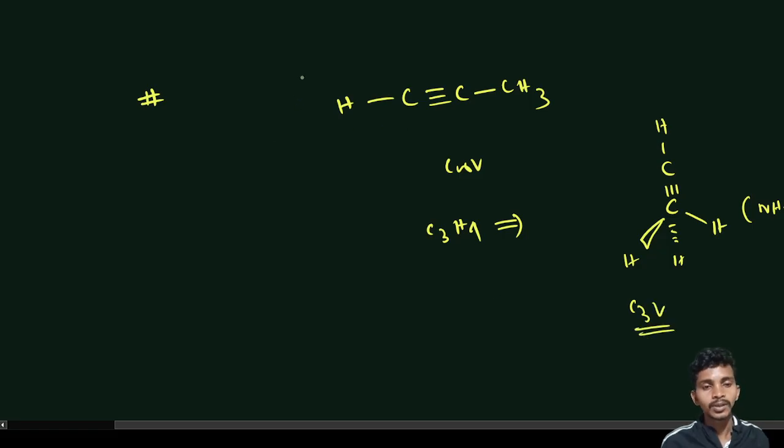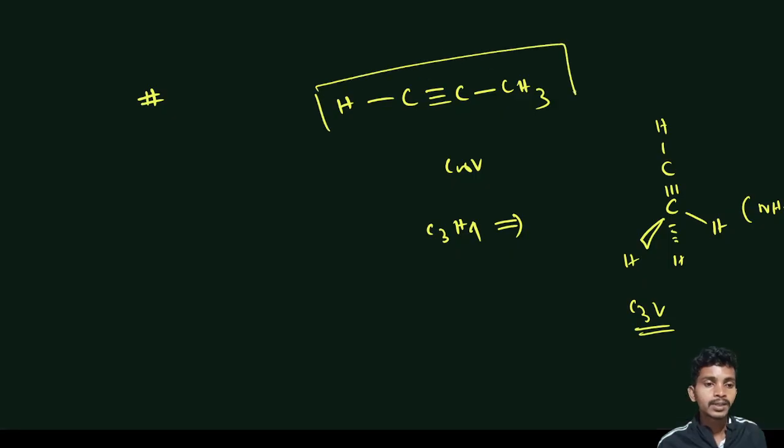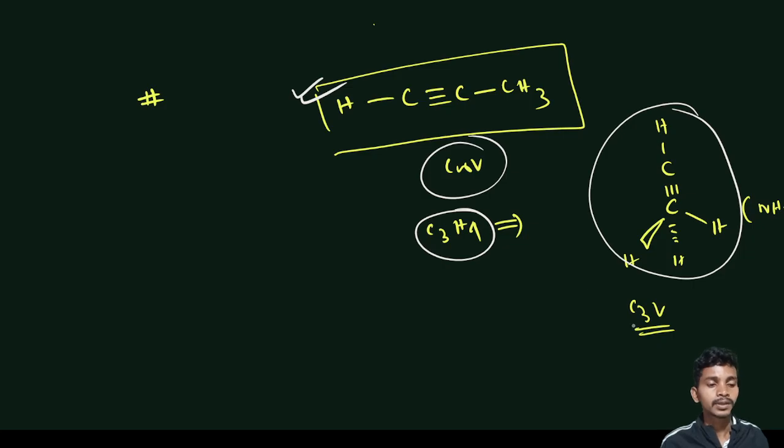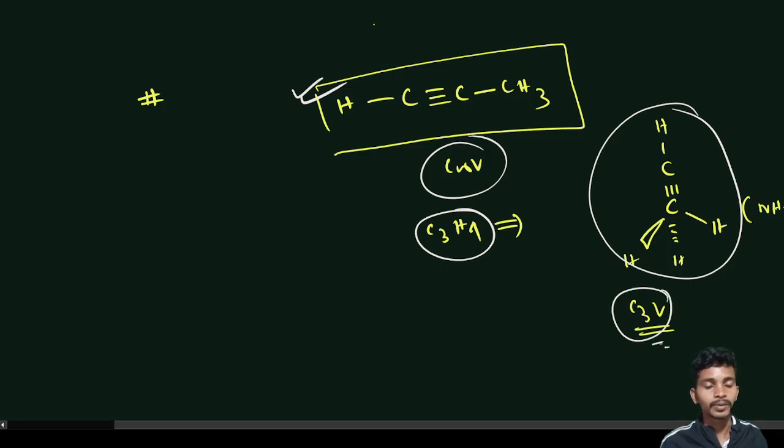So you have to remember in which way the question is asked. If the question gives this structure, then C2v point group. If not given, simply written this formula, then we have to draw like ammonia structure, and that structure is C3v point group.